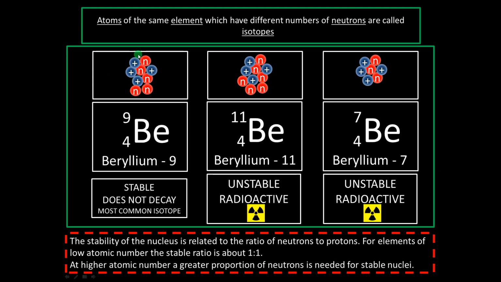This beryllium atom here, not quite, but nearly, and you can see that where there's a big difference between the number of protons and neutrons, it becomes unstable. When you get up to higher atomic numbers, as you'll see later on, the stable isotopes tend to have a slightly larger number of neutrons, so that proportion shifts to be slightly more neutrons than protons.